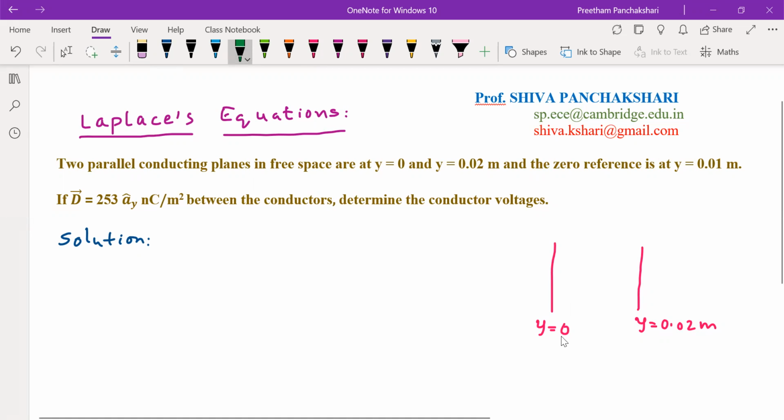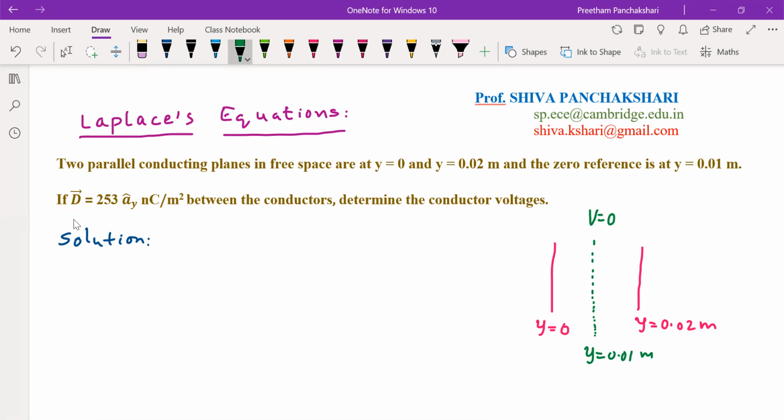That means the first plate is at y equal to 0, the second at y equal to 0.02. So 0.01 is the plane in between these two conducting planes. This is y equal to 0.01 meters at which potential is 0.